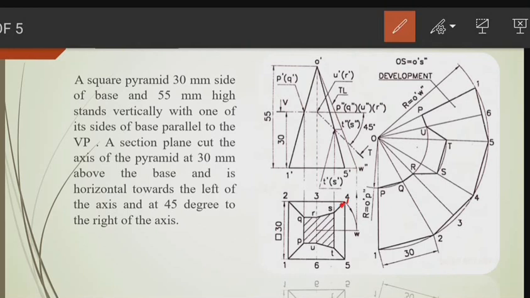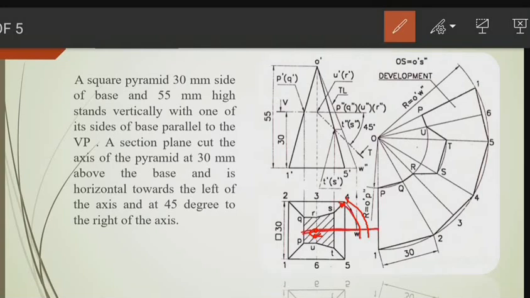As we already studied in the problem related to the pyramid, the development of the pyramid: the axis is here and we just rotate this fourth point up to the horizontal level.